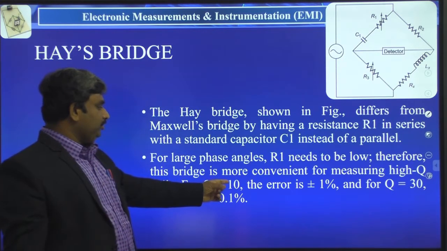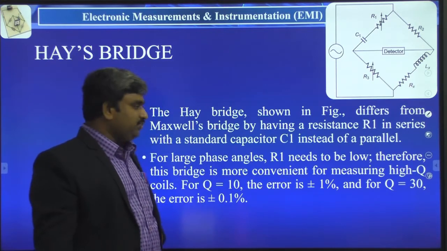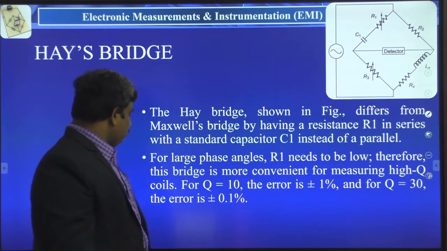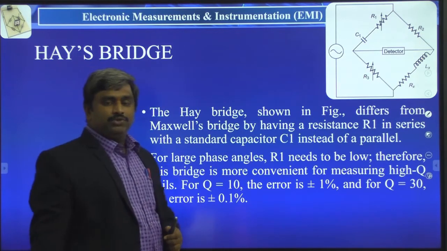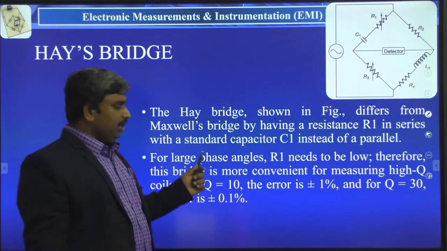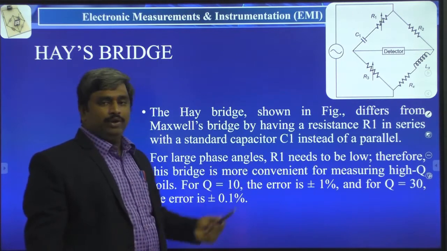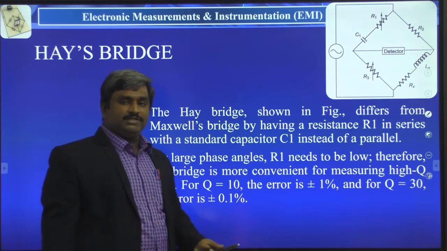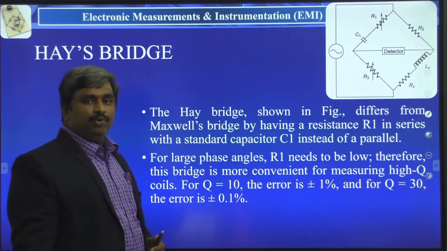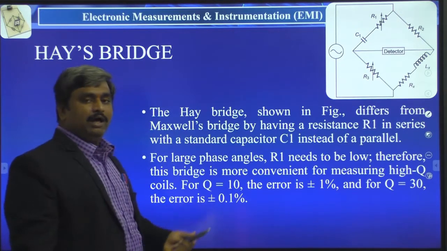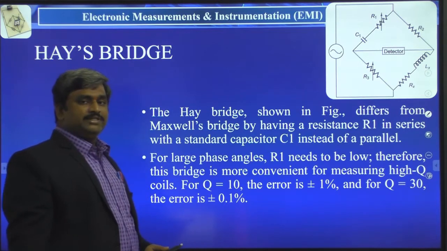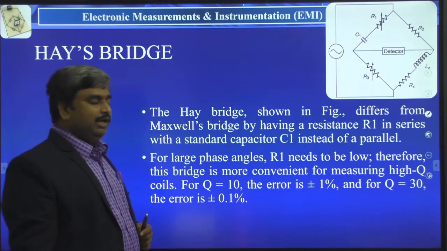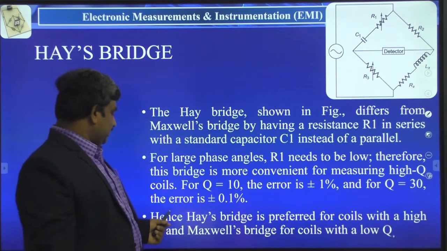For Q equal to 10, the error is plus or minus 1%, and for Q equal to 30, the error is 0.1%. So when you are measuring high Q values, if you get a Q value in the range of 10, the error is plus or minus 1%. For a Q value of 30, the error percentage is 0.1%, that is, the error is very negligible.